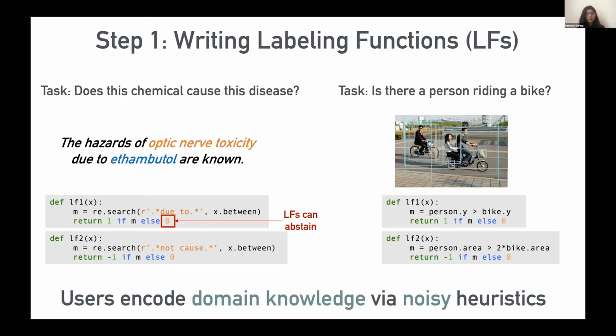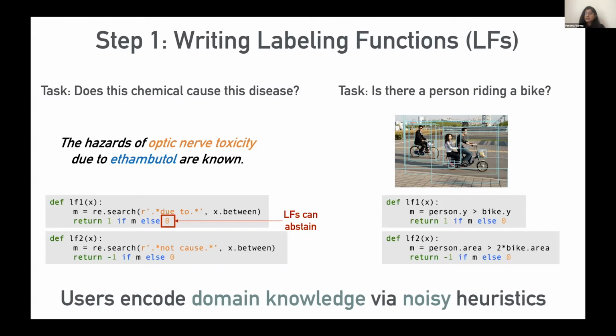If we're trying to write rules around this, we might look for certain words that signal causality or non-causality. Like we can look for words like because, due to, or words like not cause. So we do exactly that. We write these two labeling functions in Python looking for these specific patterns. And these are our labeling functions in this case.